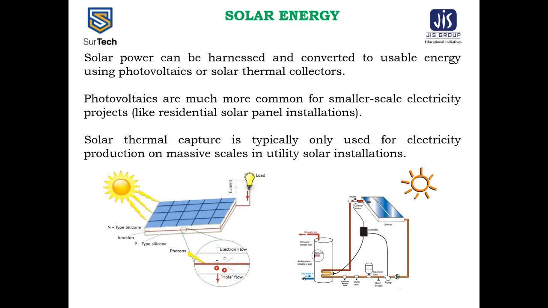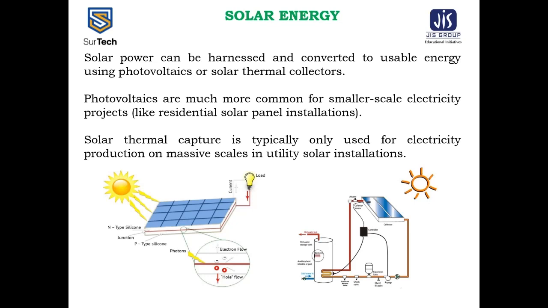Solar power can be harnessed and converted to usable energy using photovoltaics or solar thermal collectors. Photovoltaics are much more common for smaller scale electricity projects like residential solar panel installations. Solar thermal capture is typically only used for electricity production on a massive scale in utility solar installations.